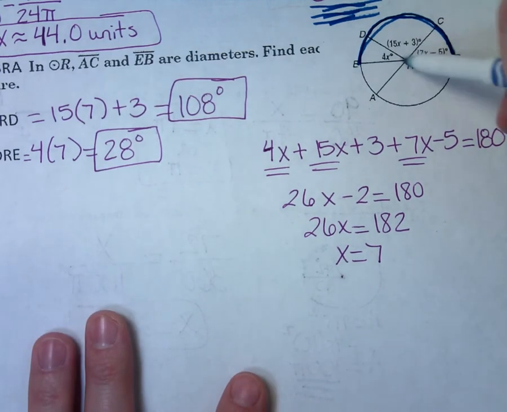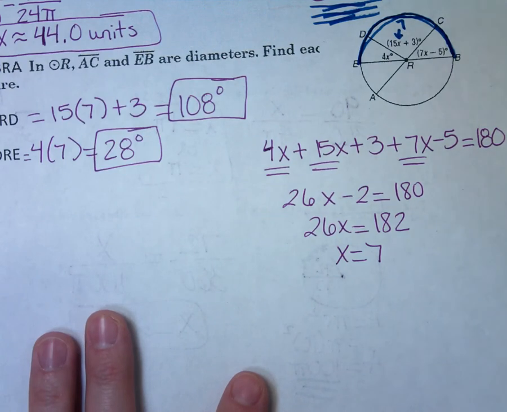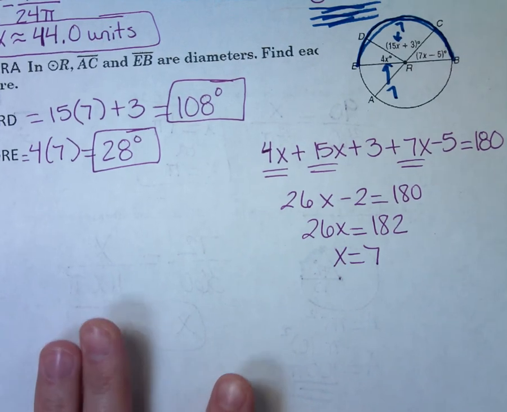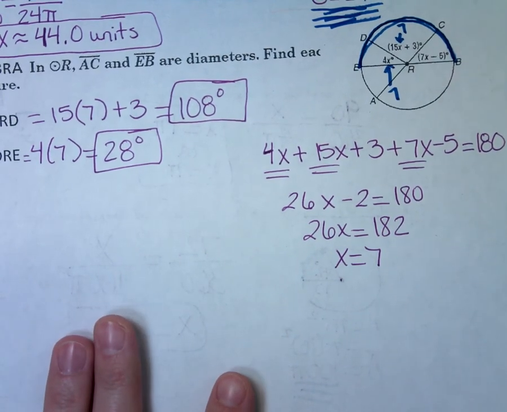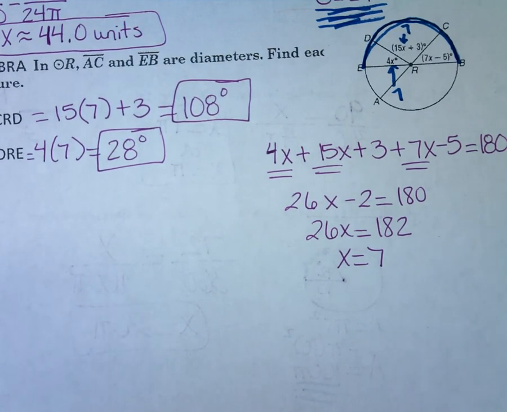So when I went to find the measure of angle CRD, I plugged the 7 right there into that x, worked it out, got 108. When I wanted to know the measure of angle DRE, I put the 7 right there into that x, worked it out, got 28. Hopefully you think that is pretty easy.